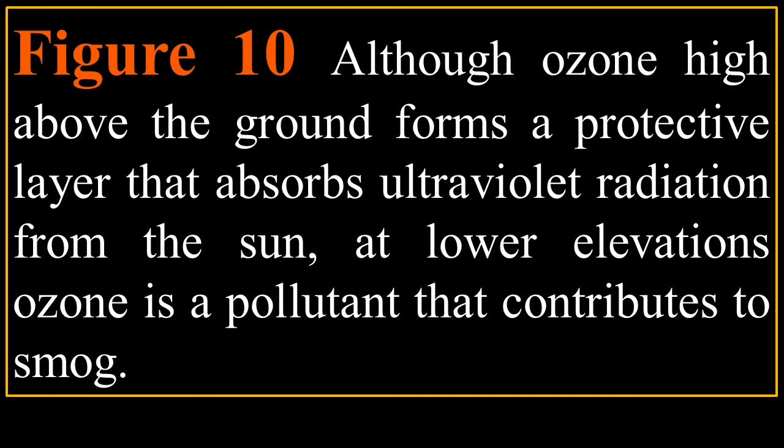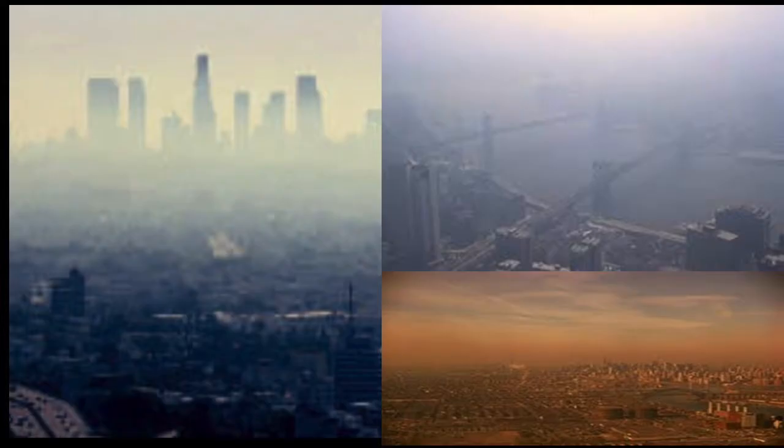Although ozone high above the ground forms a protective layer that absorbs ultraviolet radiation from the sun, at lower elevations, ozone is a pollutant that contributes to smog. It is produced in the internal combustion engine. Ozone is a rather unpleasant side effect of using an internal combustion engine.